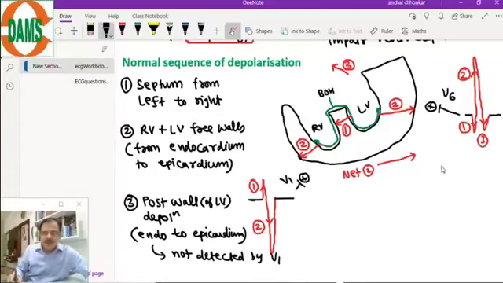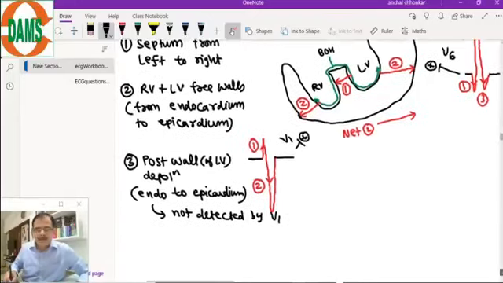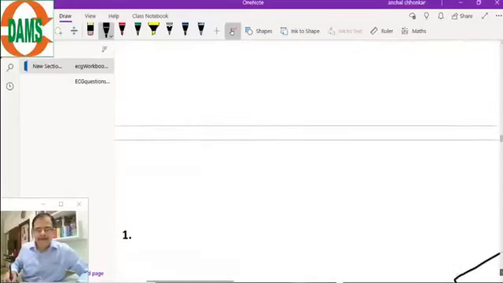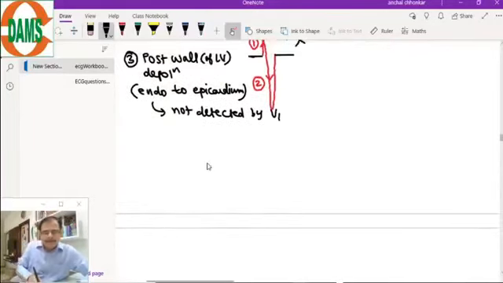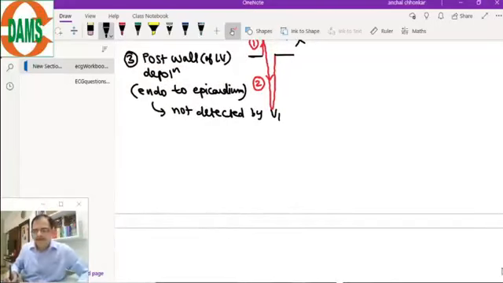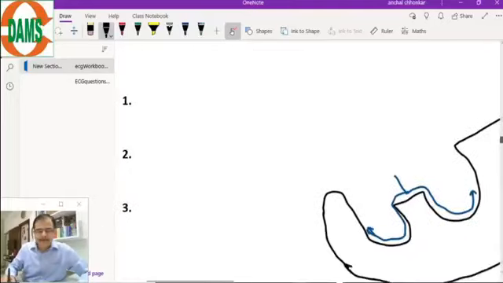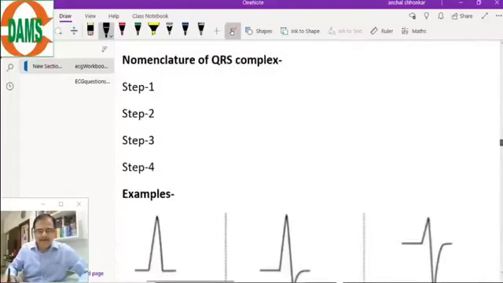Now coming to the nomenclature of these QRS complexes. All right, so come to how these QRS complexes are named.